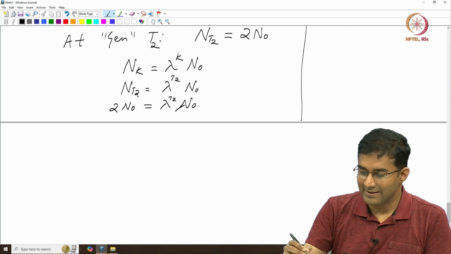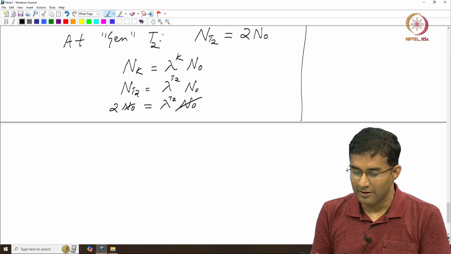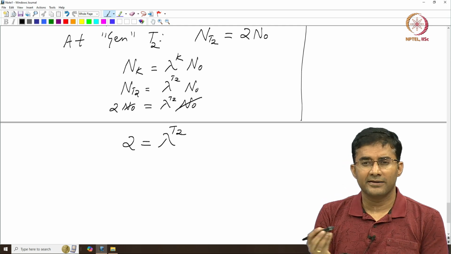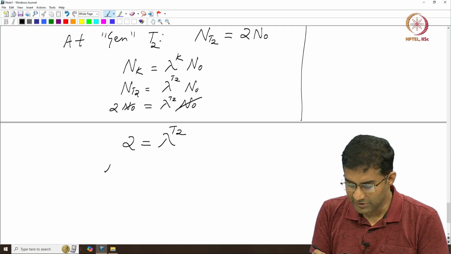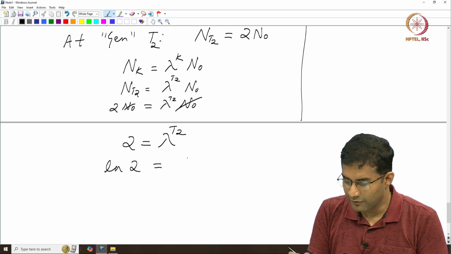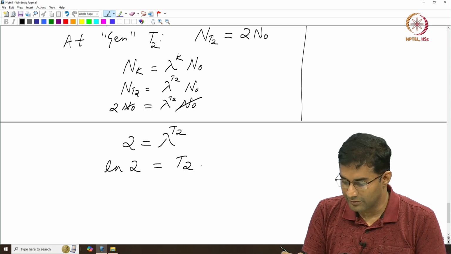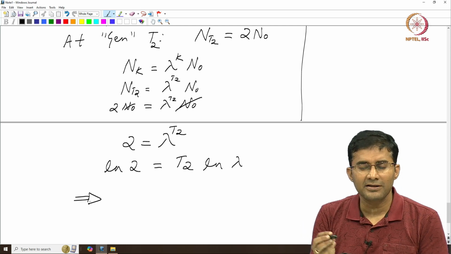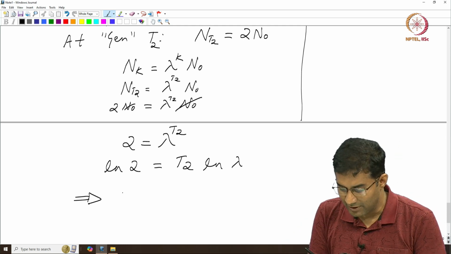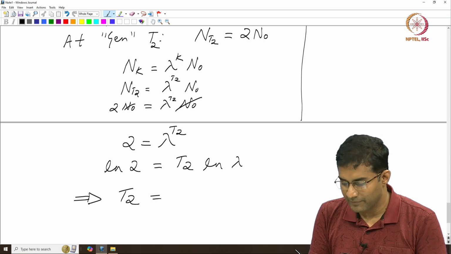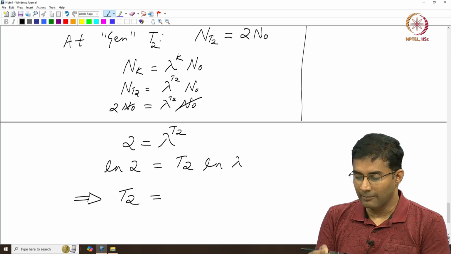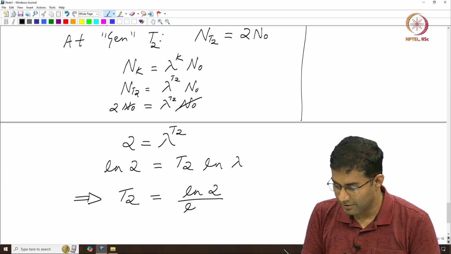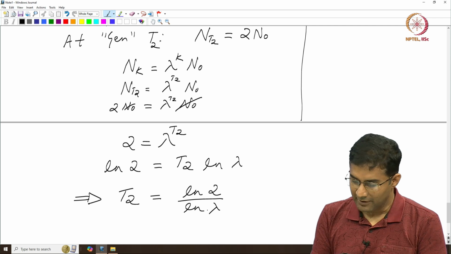I can cancel n0 on both sides, and then we have 2 is equal to lambda power t2. Let us now take the natural logarithm on both sides. So we have logarithm of 2 is equal to t2 times logarithm of lambda. Since I am interested in how long it takes for a population to double, I will keep t2 on the left hand side and put everything else on the right hand side. So that becomes t2 equals logarithm of 2 divided by logarithm of lambda.